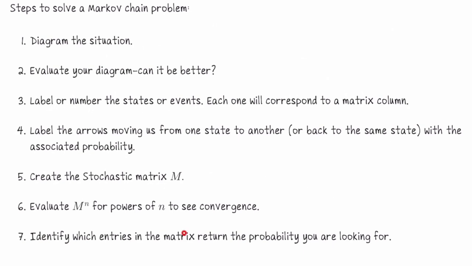Then here's one thing that's really key, and we haven't identified how to do this yet, but we will in examples where we have multiple results: figure out which entries in the matrix are actually communicating the information that you're looking for. If you're looking for the long-term probability of one particular action, where do you find that in the matrix?